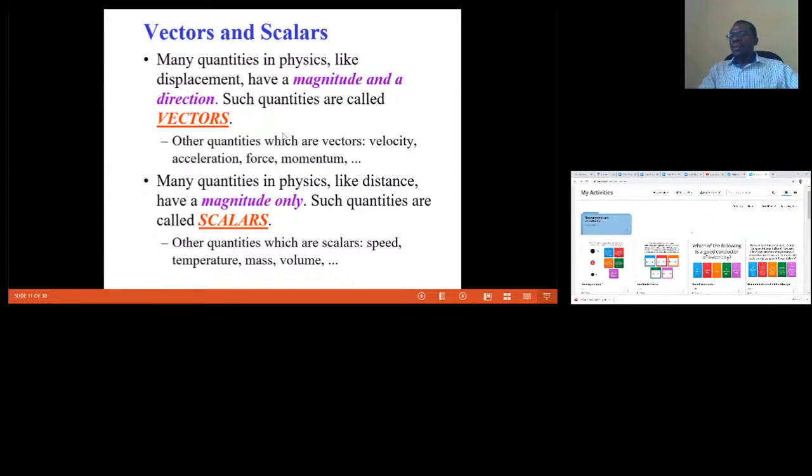Unfortunately, I think I haven't prepared any exercise for you. Maybe I'll do that at a later time, probably when we meet for the afternoon session, which will be at 13 hours. In the meantime, we'll just proceed, and I hope that this point has been driven home about the difference between vector quantities and scalar quantities.